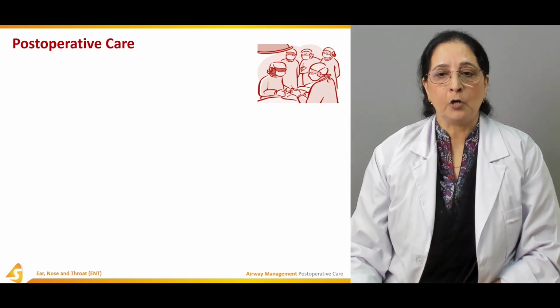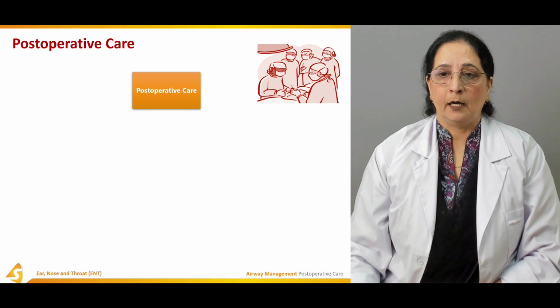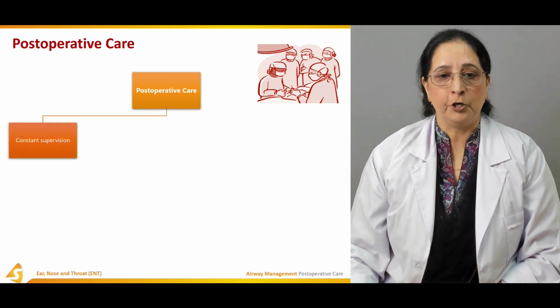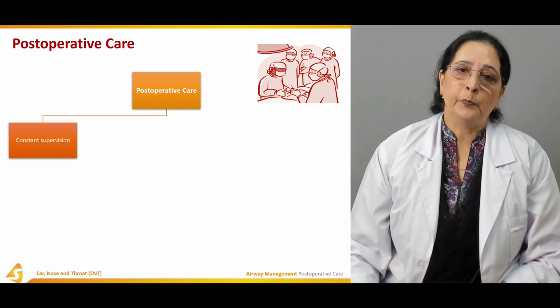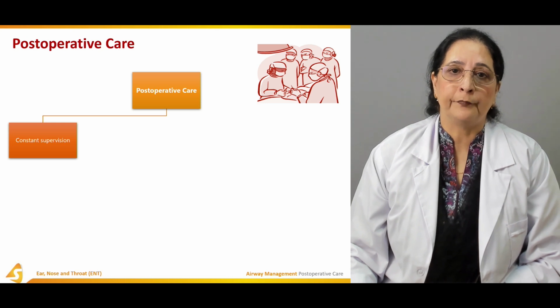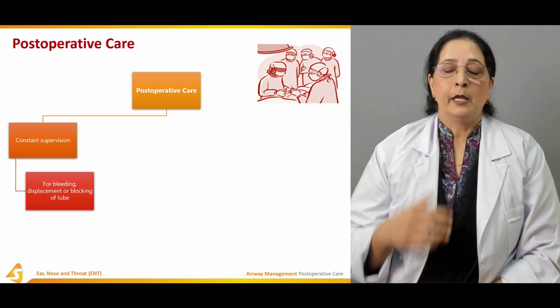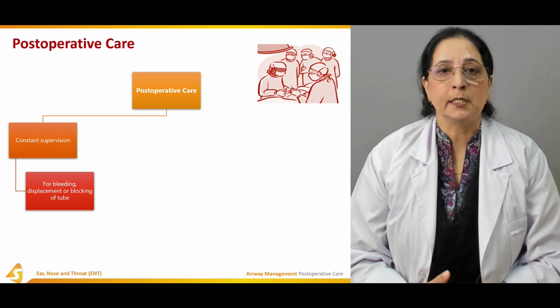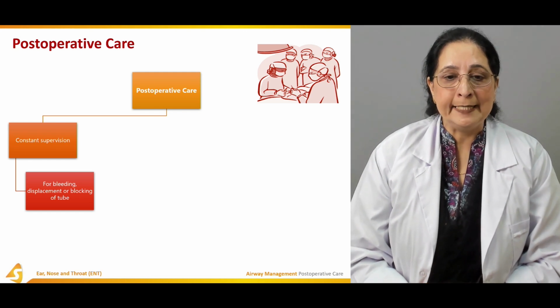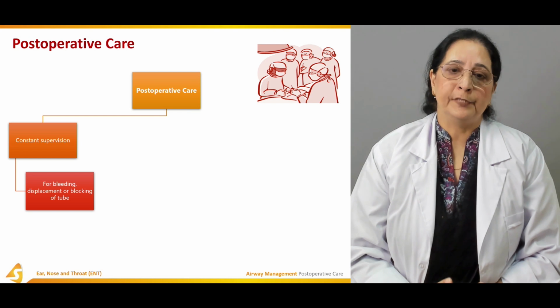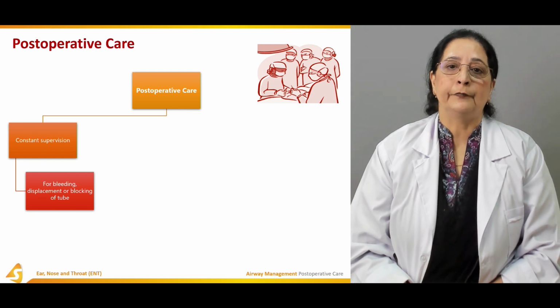So for the post-operative care of the patient with tracheostomy, constant supervision is very important after the tracheostomy. And why do we need this constant supervision? For bleeding, for displacement of the tube or blocking of the tube.